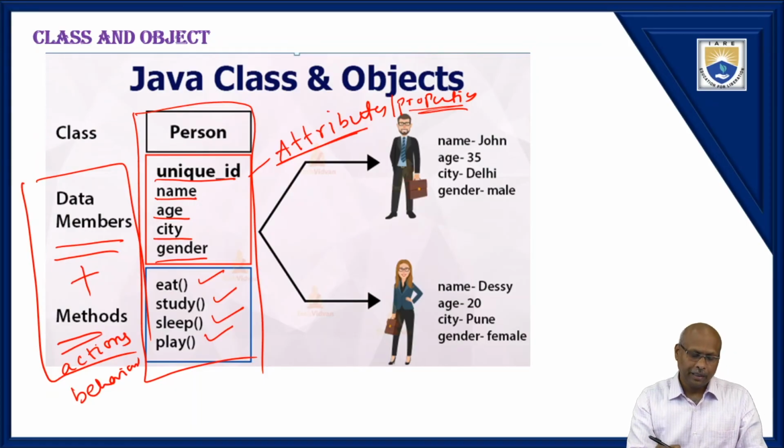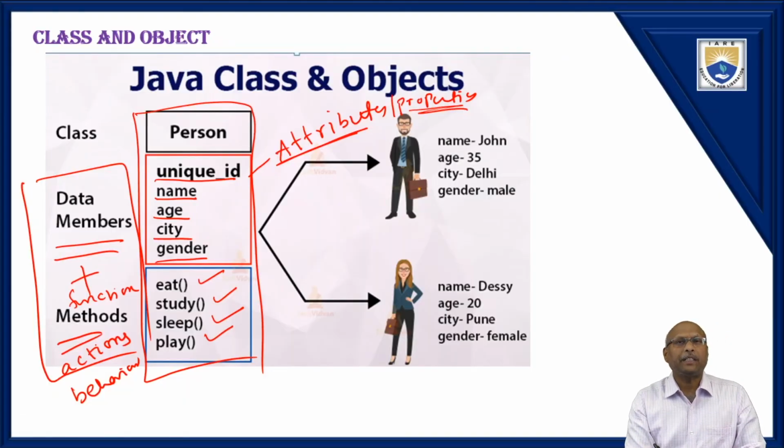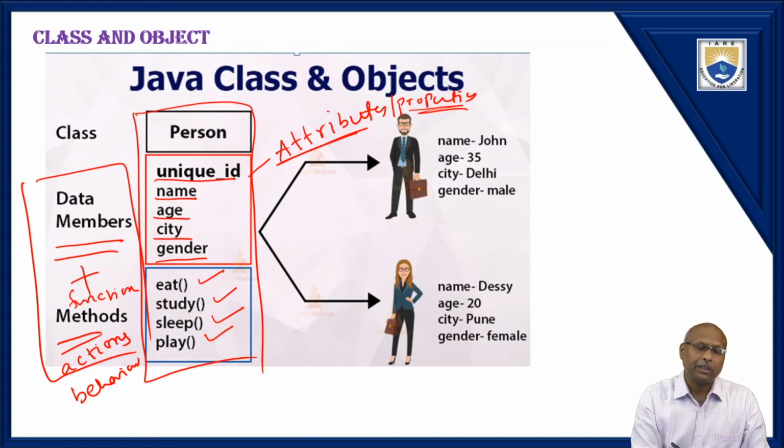What exactly you are doing, what actions, methods or functions. So every class is a combination of data members and methods, or attributes and methods, or properties and behaviors.